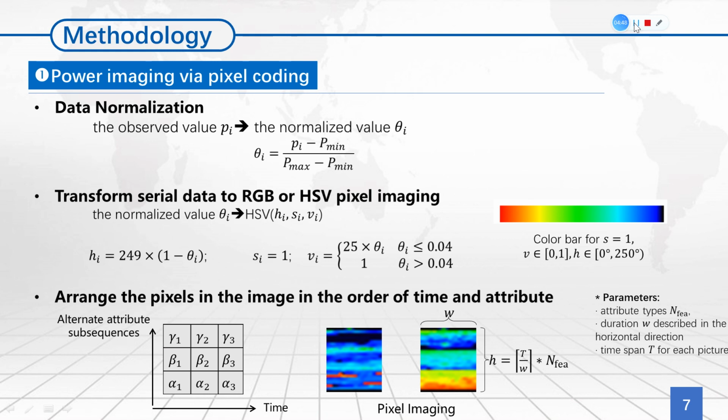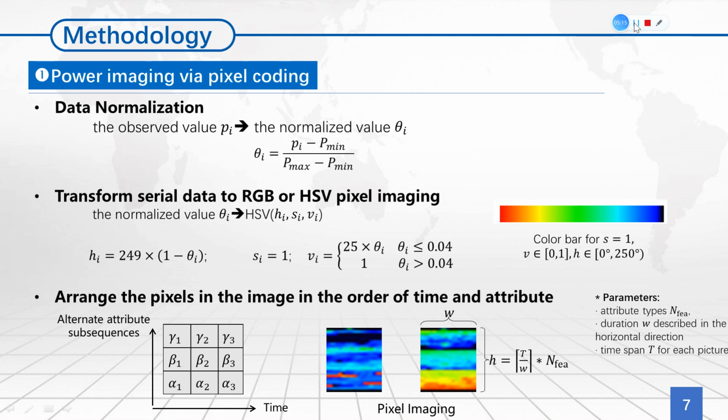Then, instead of grayscale images with less information, pictures in HSV mode are applied to depict wind power data. Conversion formulas are decided as follows to approximate how human vision perceives color-making attributes.